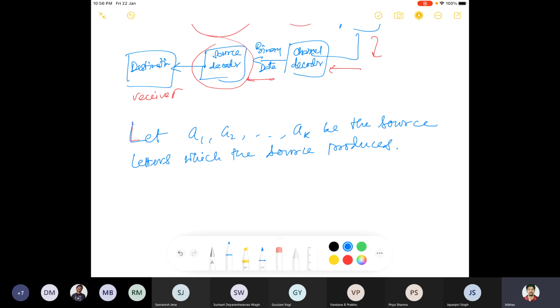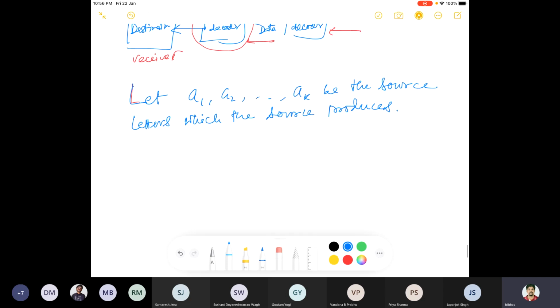Now, suppose the sender wants to send a bunch of letters, maybe some word. Whenever the sender wants to send a word, it is a sequence of these alphabets A1, A2, up to AK, where it will be A, B, C up to Z. We say that all these letters do not appear randomly, but they come with a probability, because we are assuming that the information source is a random variable.